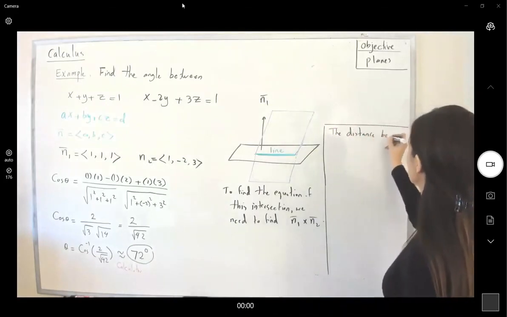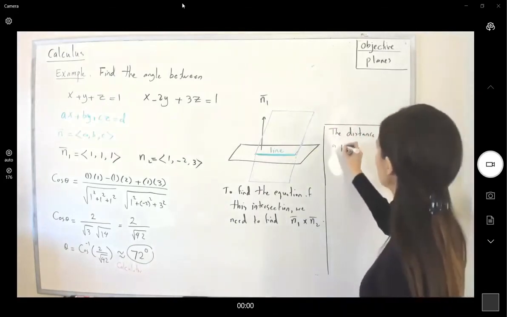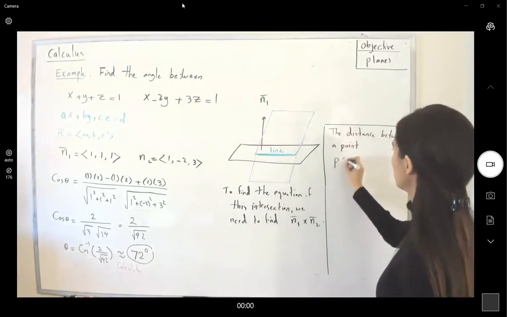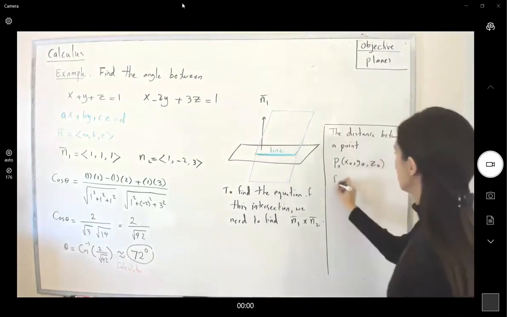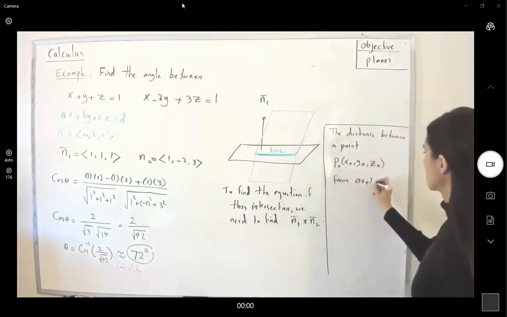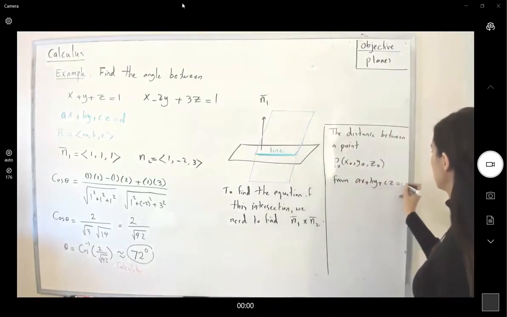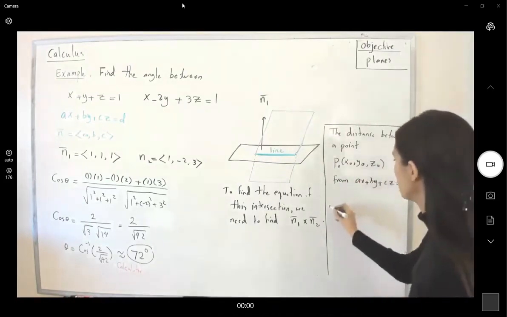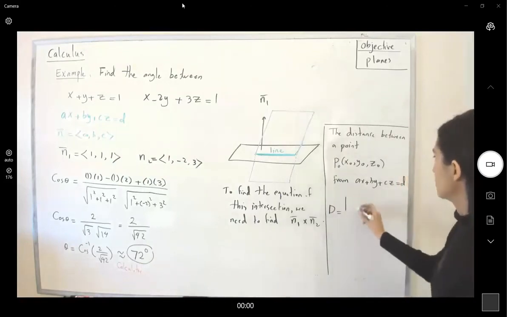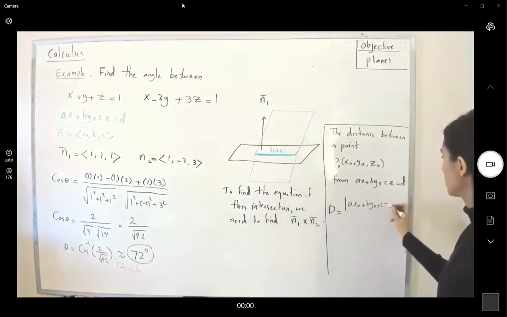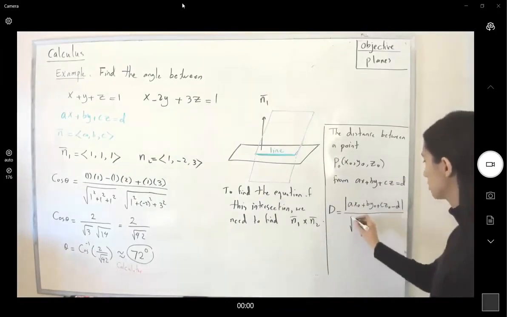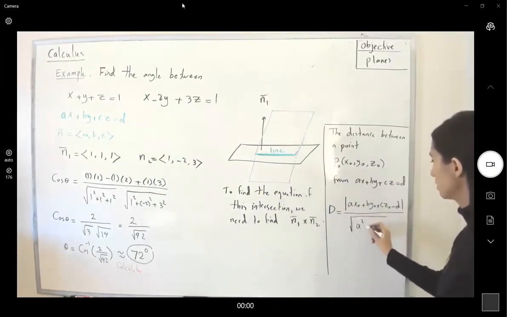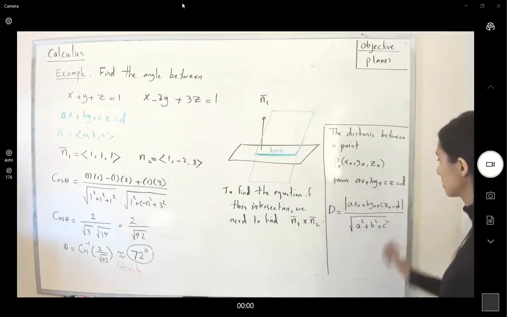The distance between a point like P, x sub 0, y sub 0, and z sub 0, from a plane ax plus by plus cz equals d follows the formula: d equals the absolute value of a x sub 0 plus b y sub 0 plus c z sub 0 minus d, divided by the square root of a squared plus b squared plus c squared.